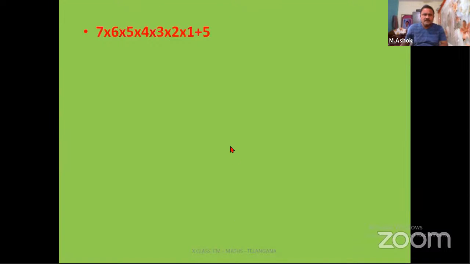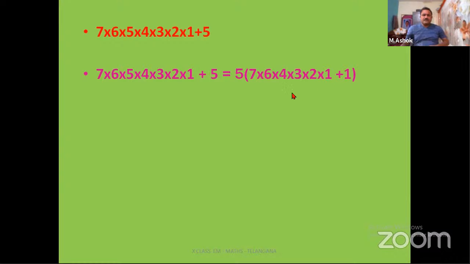Look at this sum. Very simple thing. Here also two terms are there. In these two terms, 5 is common. Take 5 common out. So 5 into (7 into 6 into 4 into 3 into 1 plus 1). Without multiplying this, clearly for this number, 5 is one more factor.